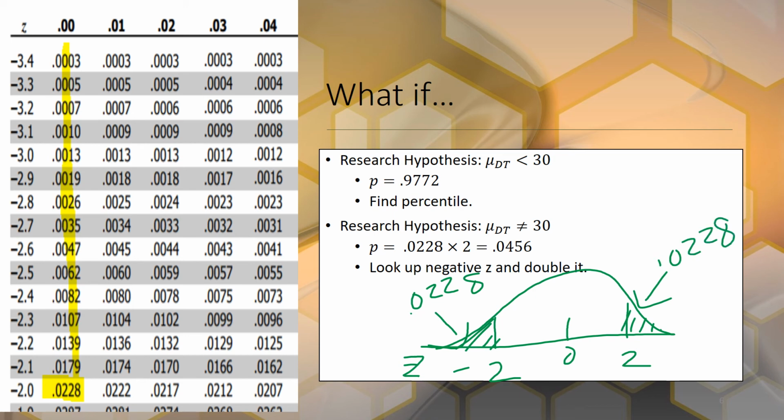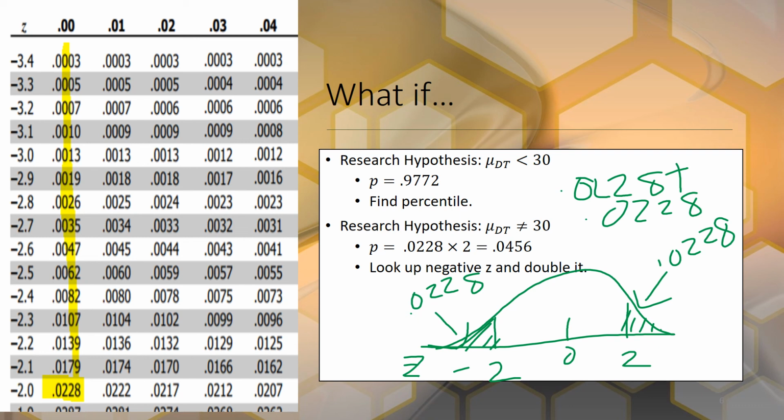So they're equal to each other. So if you just look up the negative version, then you can double it to get both of these. So basically we're just adding both of them together. Or you can just double it. Okay?